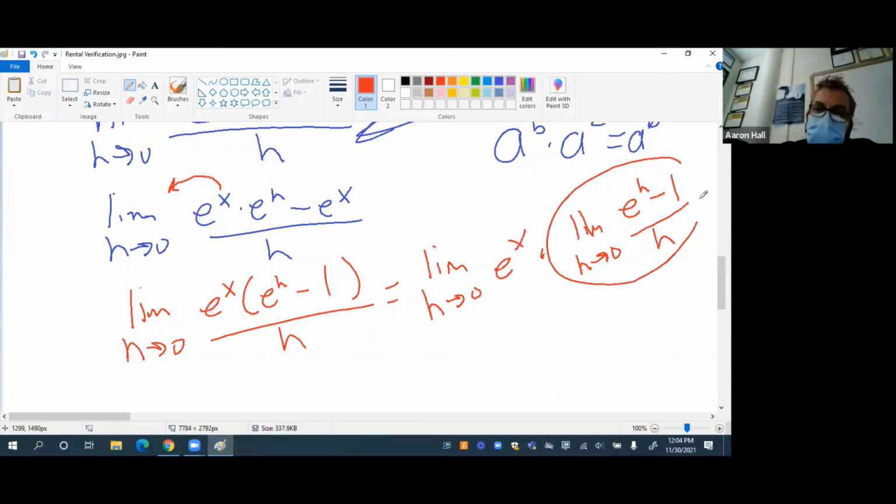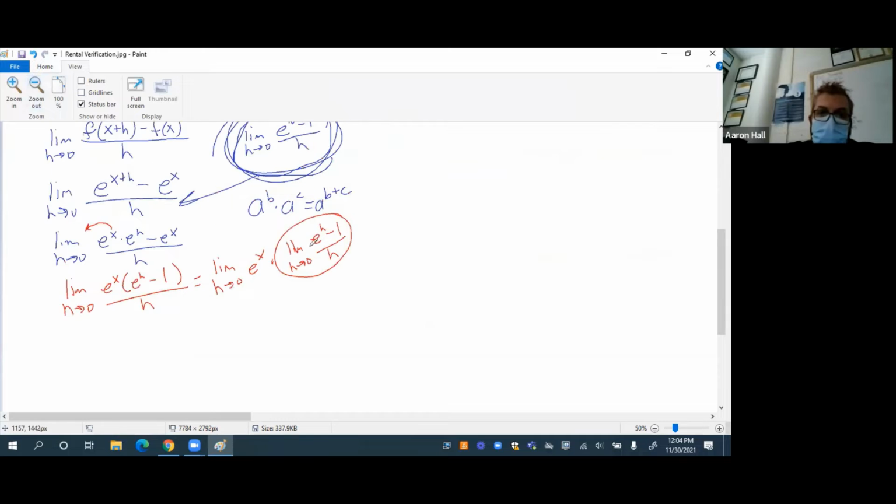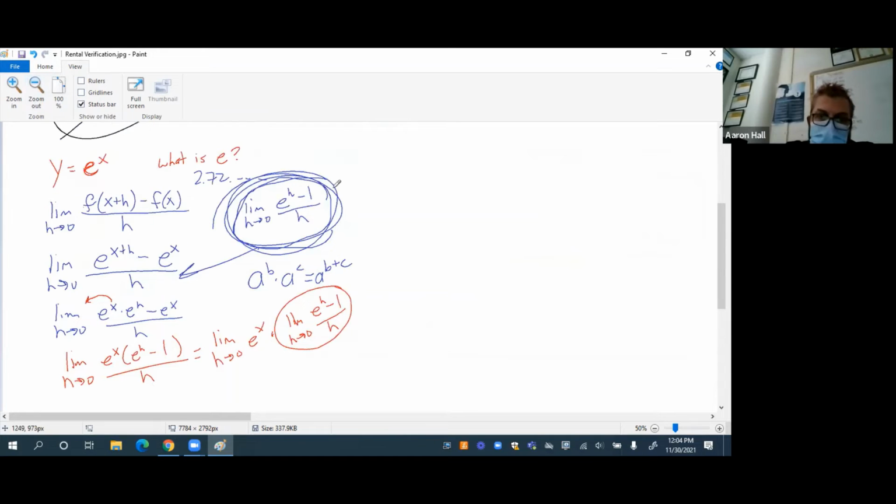Well, we graphed this already, and we found that when h approaches 0, what did we find that this becomes? It becomes 1.